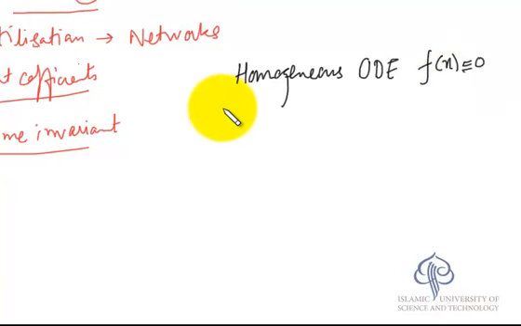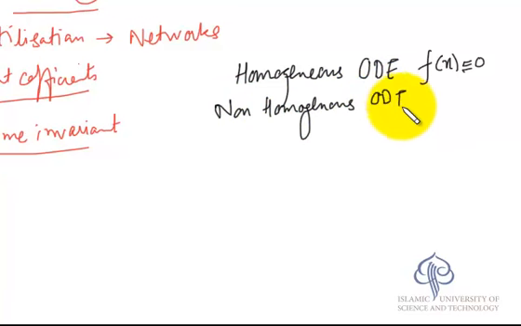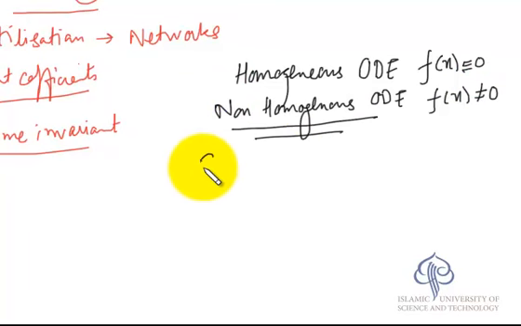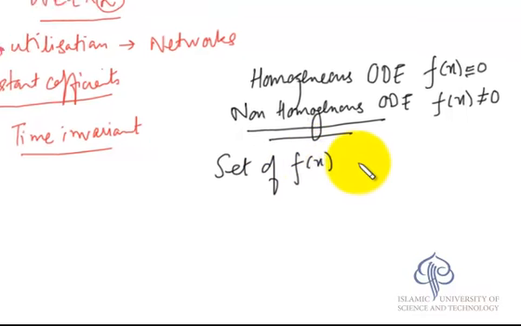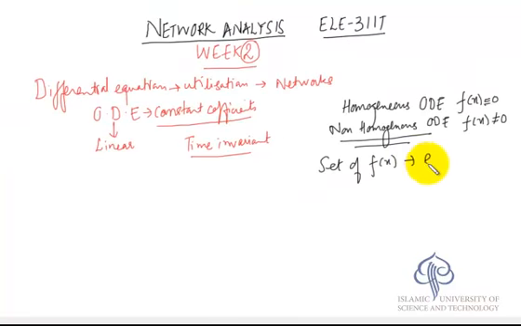And we can have non-homogeneous ODEs wherein the forcing function would not be zero. And we saw how to solve both homogeneous ODEs and non-homogeneous ODEs for a set of forcing functions which is commonly encountered in network analysis.